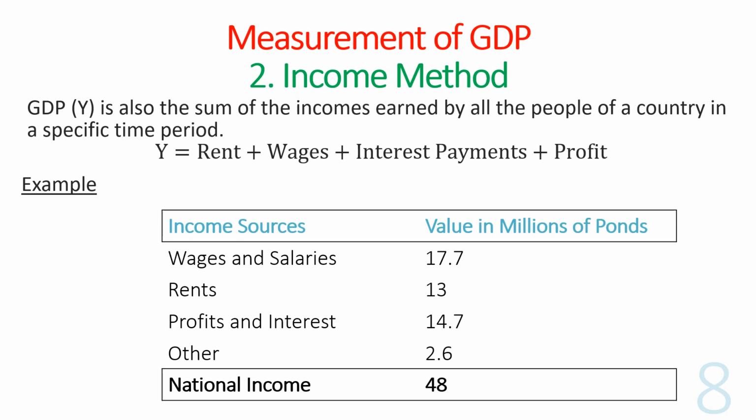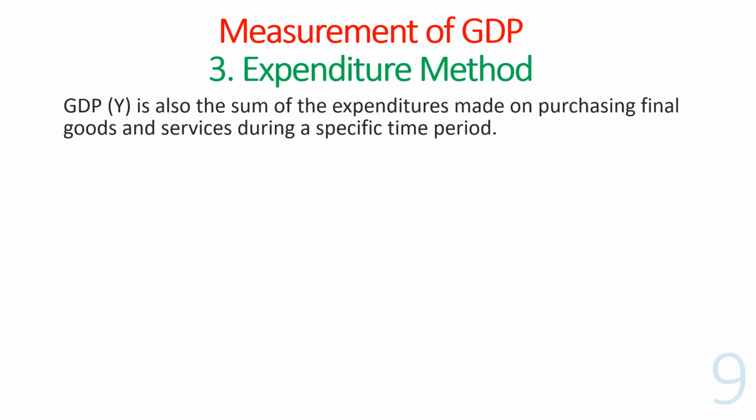The third measure of GDP is expenditure method. We can define GDP as the sum of expenditures made on purchasing final goods and services during a specific time period.